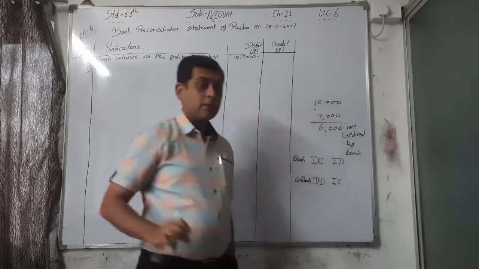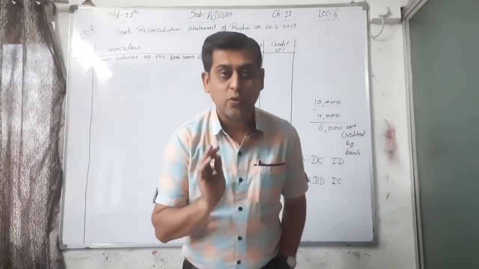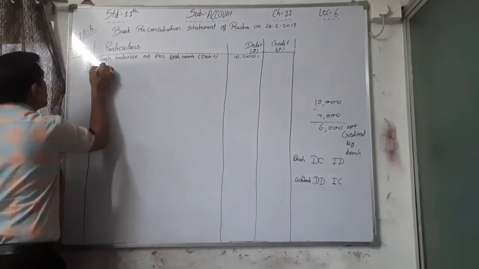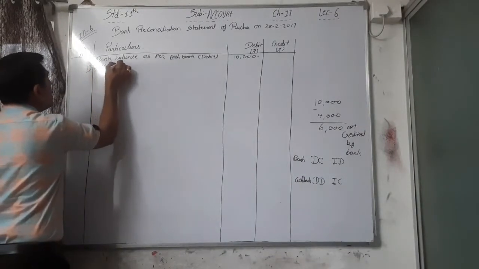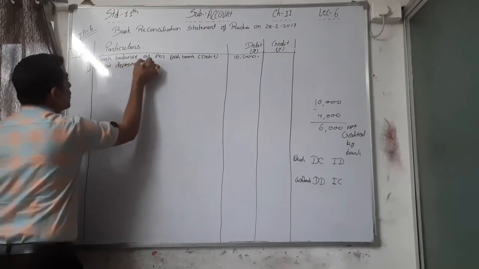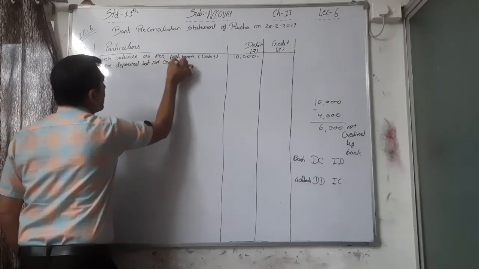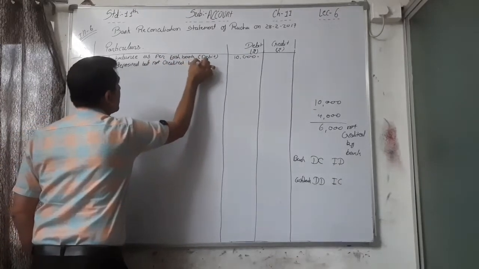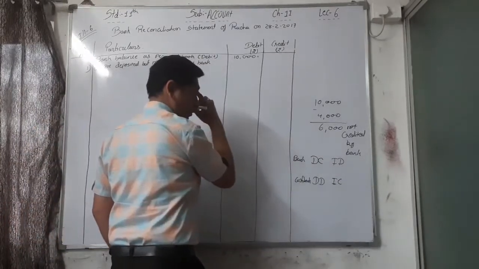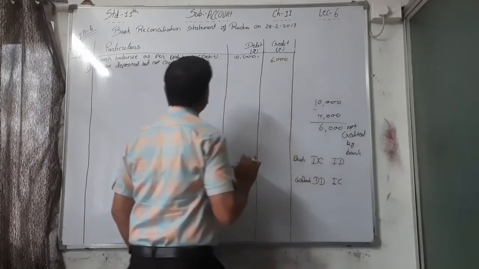So for DC, cheque deposited but not credited by the bank, we have to credit it. First point: cheque deposited but not credited by bank, 6,000 credit, DC.